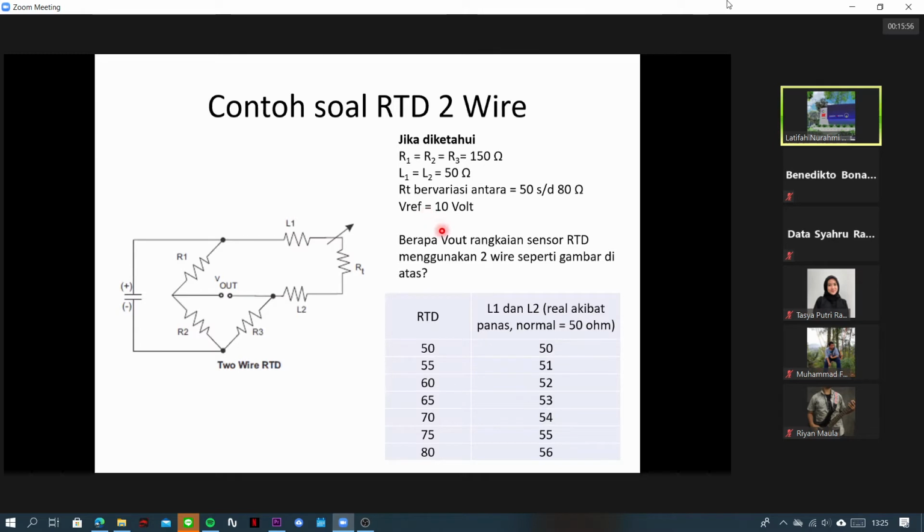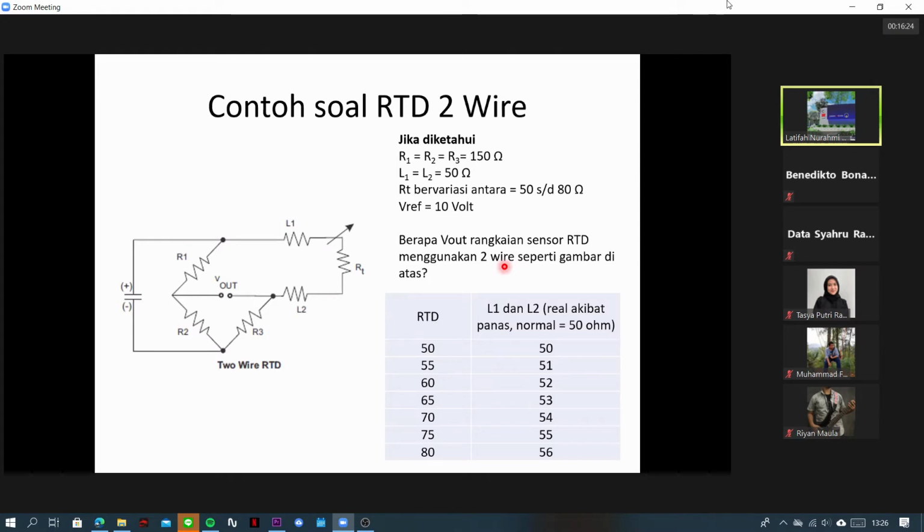The question is, what is the V, the output voltage of the RTD? So here, this is what we want to get. This is the output measurement of our temperature, the voltage. What is the V out of the RTD sensor by using two wires?